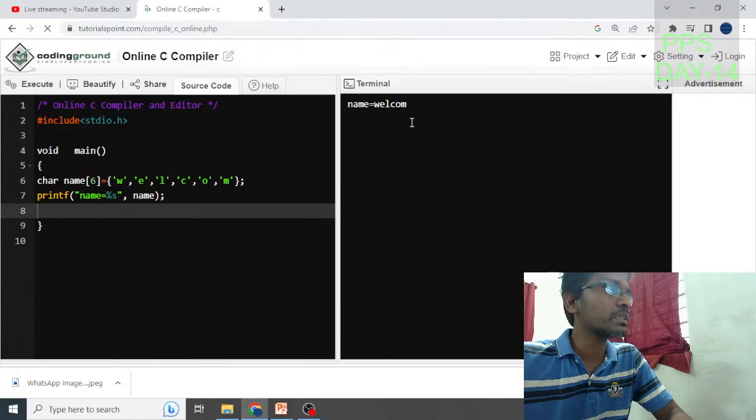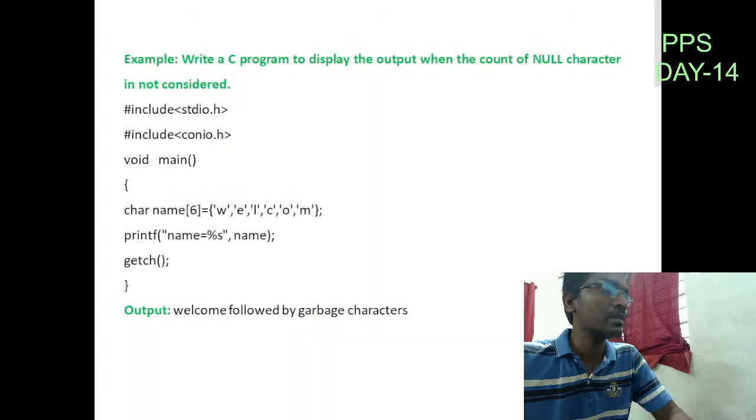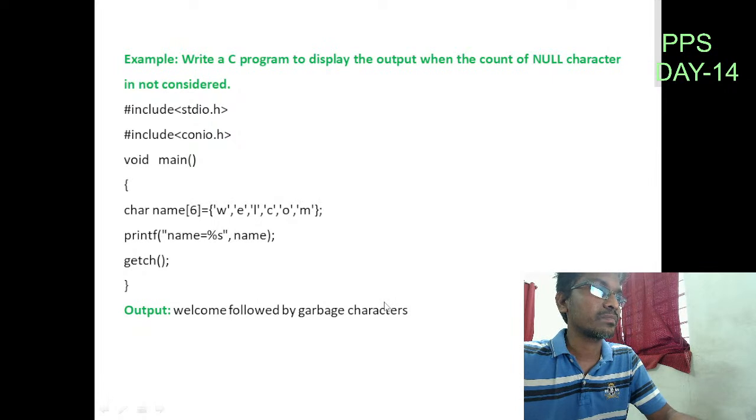Whereas if I run this program in Turbo C++ or Turbo C, it will definitely print welcome and, at the end, some garbage characters. So while writing these characters, you need to specify an extra byte for storing the null character.